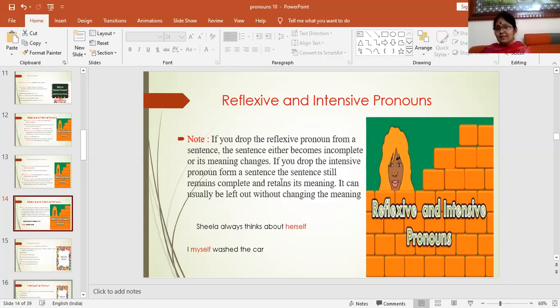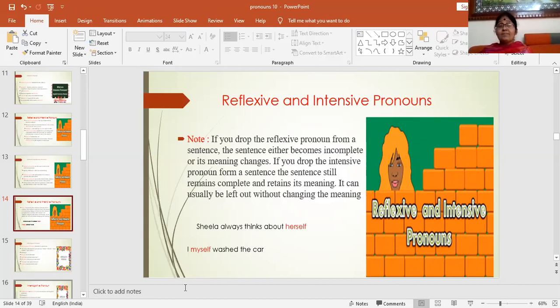As simple as that. Now let us understand this with an example. Say, Sheila always thinks about herself. This is a reflexive pronoun. If I remove this herself, Sheila always thinks about what? It's incomplete. Now look at this sentence, an intensive pronoun sentence: I myself wash the car.